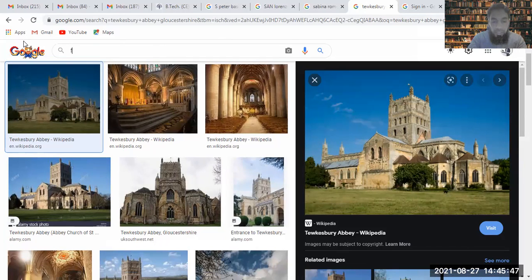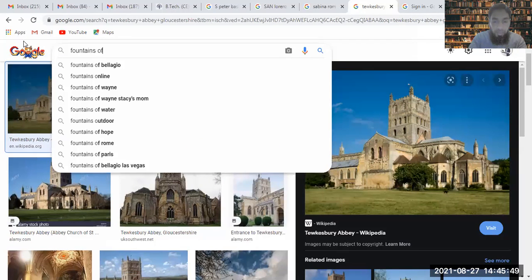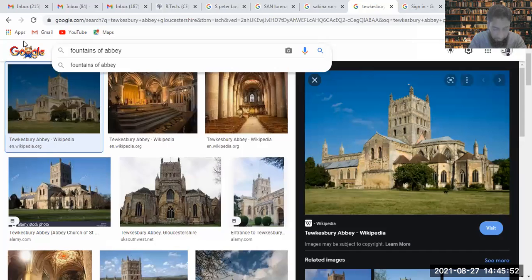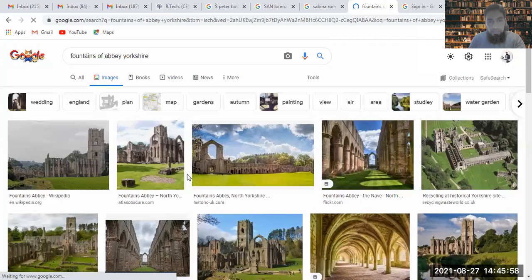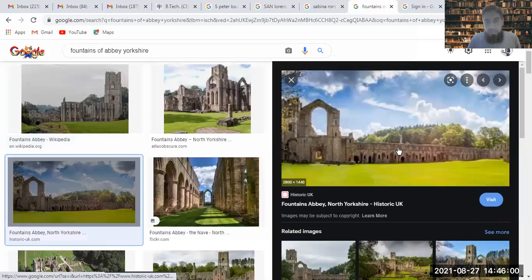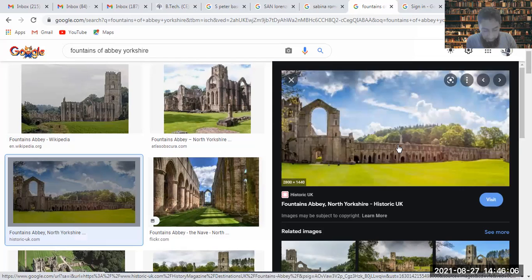There is Fountains Abbey in Yorkshire. These ones. They were constructed around 1100 AD in Yorkshire.